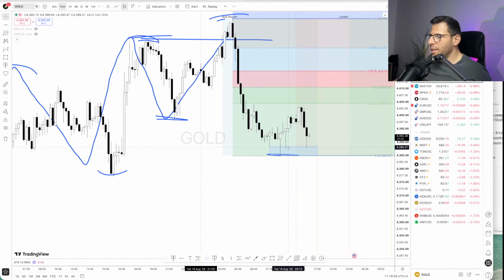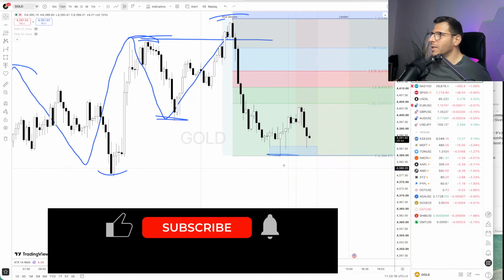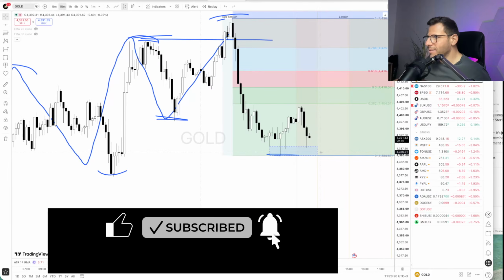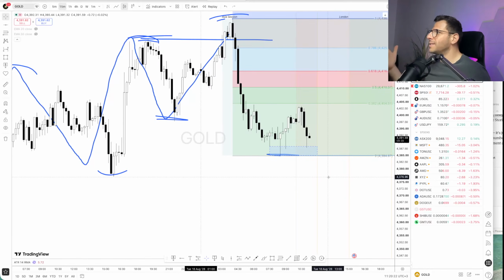Here, I need to see a clear break and move to the downside because this retracement was quite shallow. The market might not follow through. If we break and close below here, we're going to have the follow through and we can go for the next retracement to find some entries and sell short. Okay, this is the plan for today.